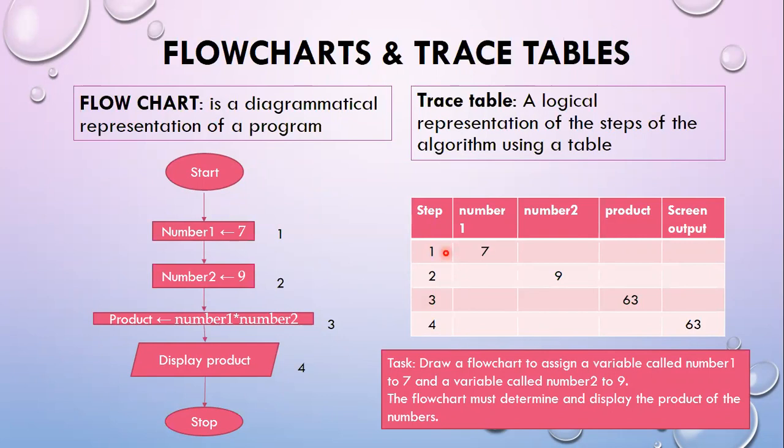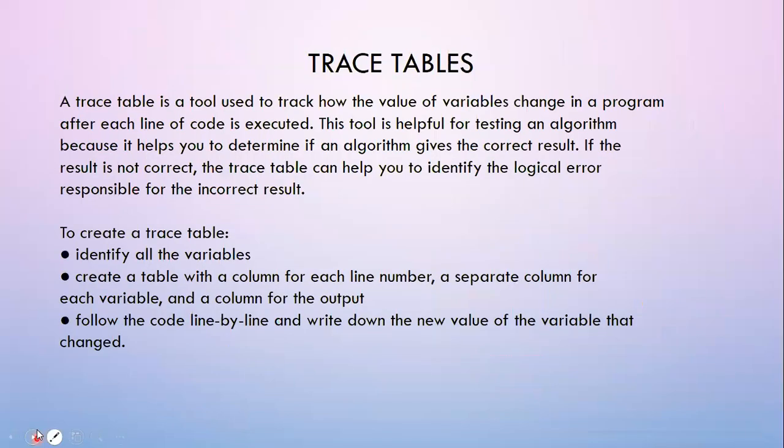You will write each step. So if you get into a loop, then you might need to jump back to a previous step. Okay, so let's get here. So we're going to do line by line and write down the new value. So each time, even in the loop, you will write down what that value is.